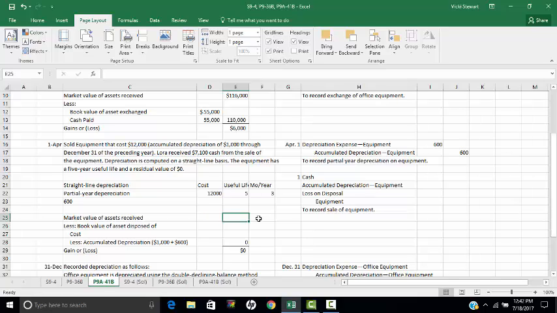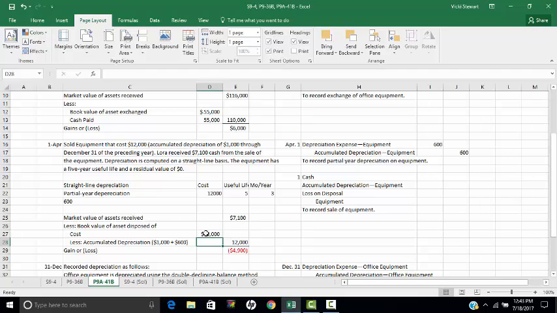Now we're going to calculate whether we had a gain or a loss on the sale of the equipment. Now this, we didn't make an exchange, but we were actually paid $7,100. So we're going to start out with that amount. $7,100 is what we received. Then we're going to record our cost, which was $12,000, and then we need to record the accumulated depreciation because we're trying to get to our book value. We had $1,000 for the previous time, and now we recorded $600.